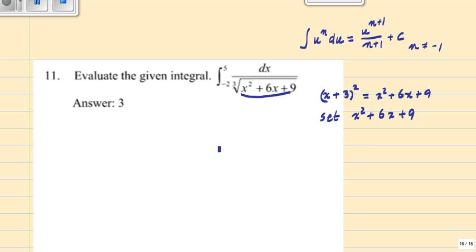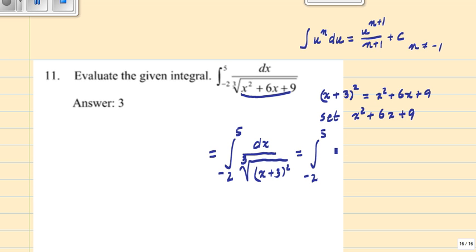So now this becomes the integral dx from minus 2 to 5 of the cube root of x plus 3 squared, which is the same thing as the integral from minus 2 to 5 of x plus 3 to the power of negative 2 over 3 dx.